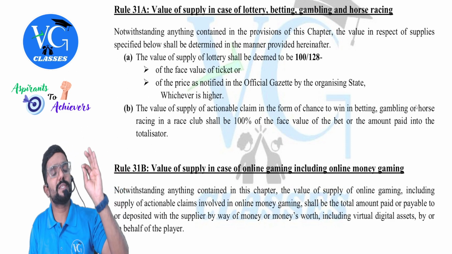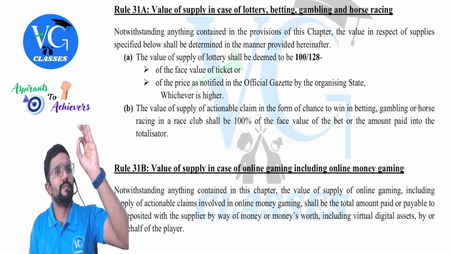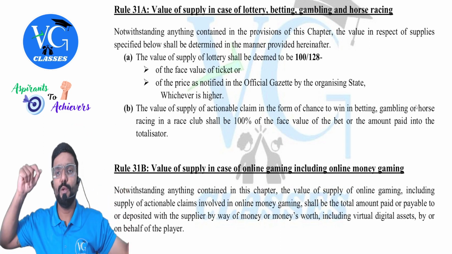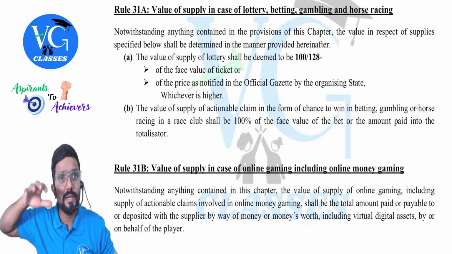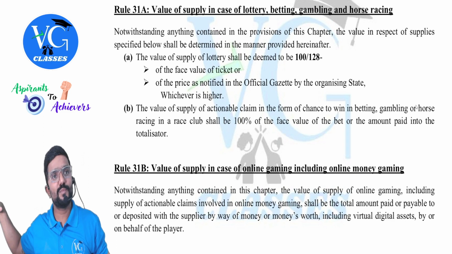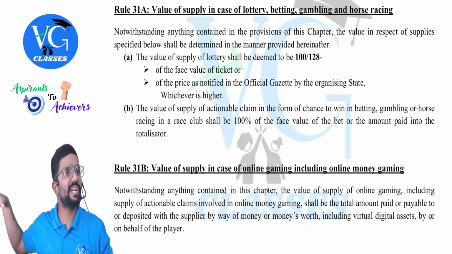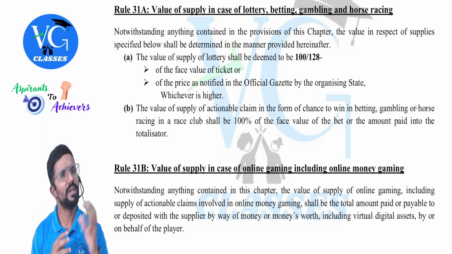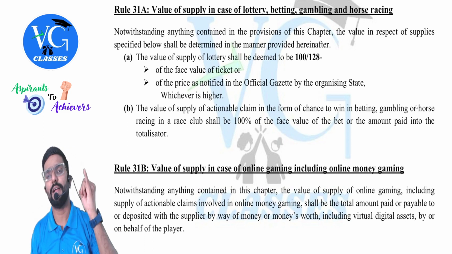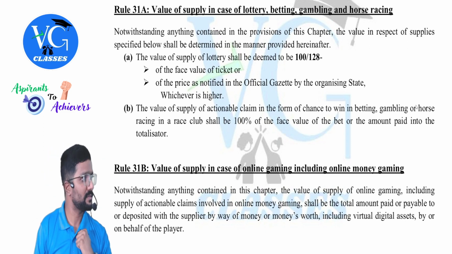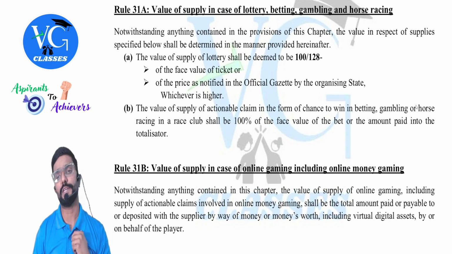But actionable claim is covered in Schedule 3, which is neither the supply of goods nor the supply of services. But in Schedule 3, they told actionable claim other than specified actionable claim. Means specified actionable claim is liable for GST? Yes. And specified actionable claim includes what all? We have already seen. It includes lottery, betting, gambling, online money gaming, casinos, horse racing, those things.